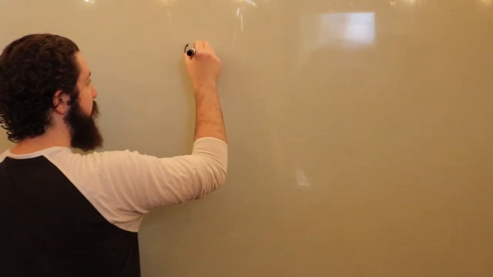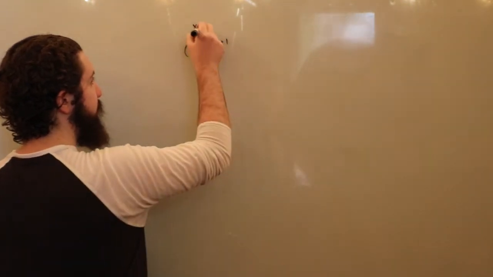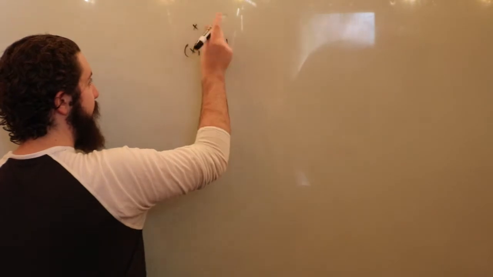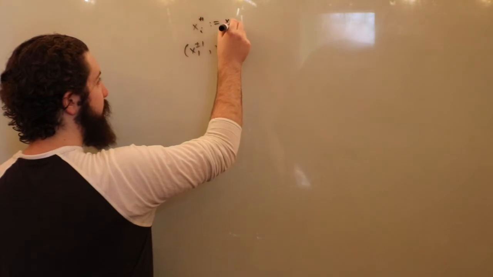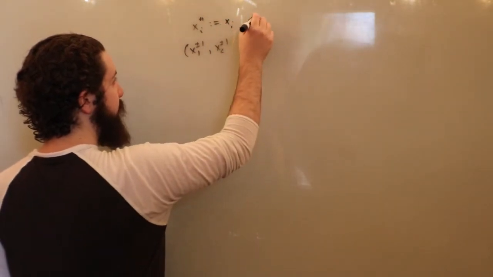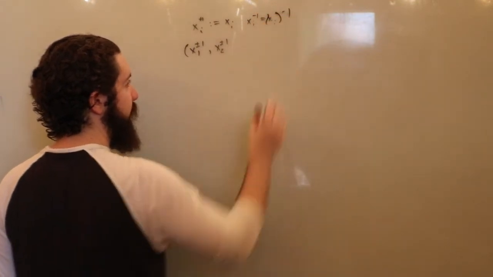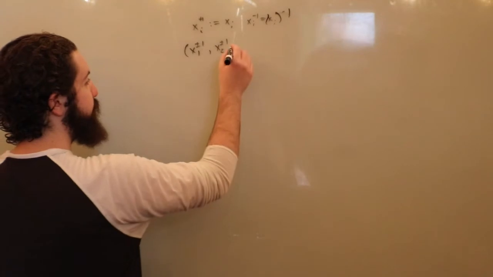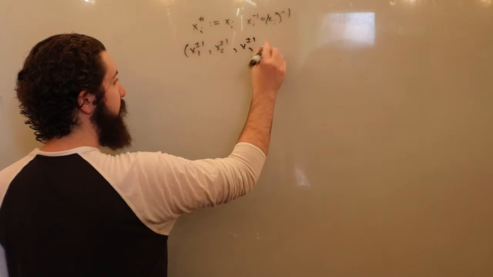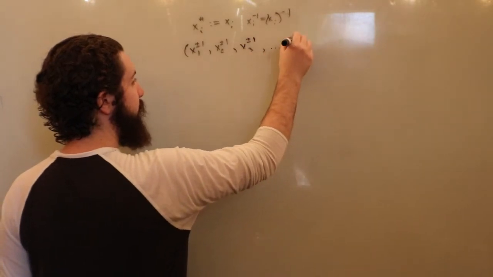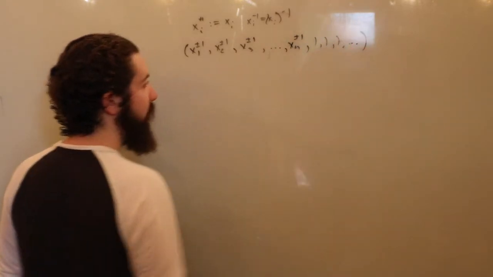It's going to be x1 to the plus or minus 1, x2 to the plus or minus 1, where x sub i to the positive 1, we're just defining to mean the usual x sub i, and of course x sub i to the negative 1 is equal to the inverse element under our bijection. So each reduced word is going to look like this, dot dot dot, all the way up to, say, x sub n to the plus or minus 1, and then 1, 1, 1, off to infinity.